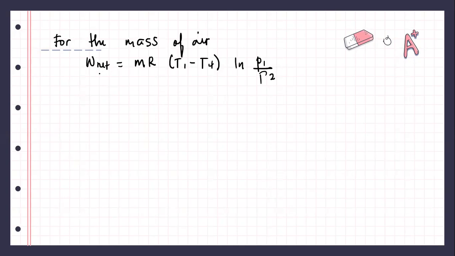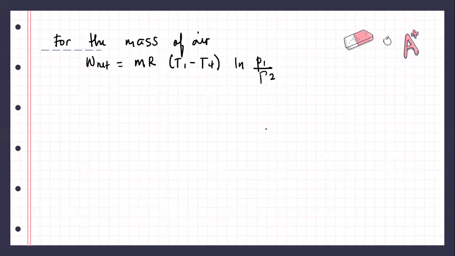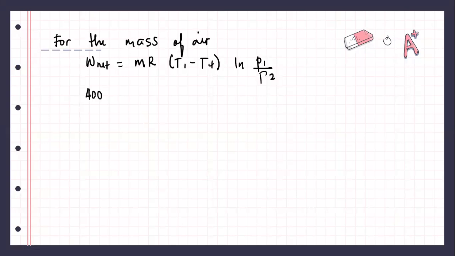We have the value for the network, which is equal to 400 kilojoule. We have 400 kilojoule is equal to M. And then the gas constant of air is 287 if you're going to use joule per kilogram Kelvin. But we're going to use kilojoule because the given network is in kilojoule. Therefore, kilojoule per kilogram Kelvin.